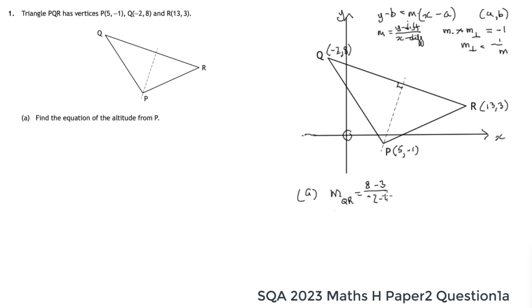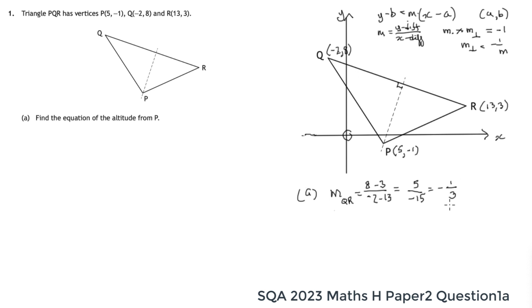It's as well thinking at this stage, since that line goes downhill, this gradient will be negative. So 8 minus 3 is 5. -2 minus 13 would be -15. So the answer is negative. 5 cancels and we get -1/3. That would basically mean you go along 3 units, you've gone down 1 unit.